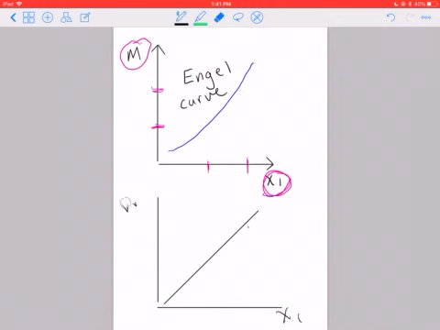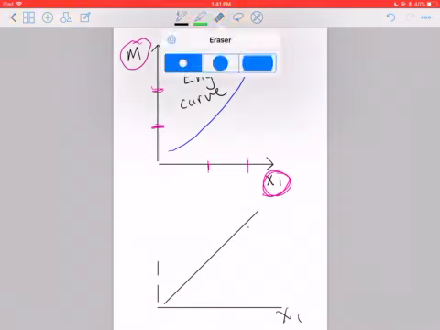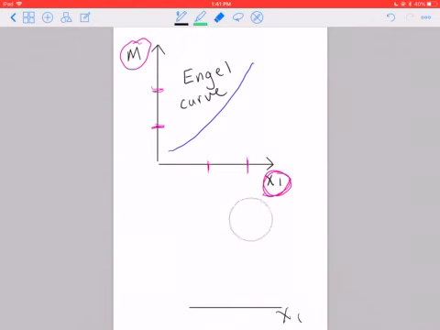So that basically explains what our Engel curve is in a couple of situations. Now let's get to our test question, to see how we actually go about answering it.